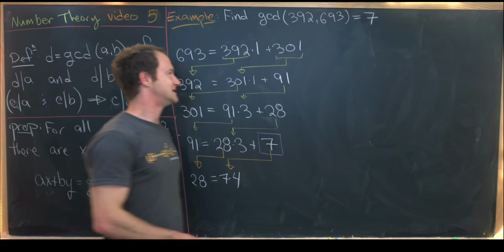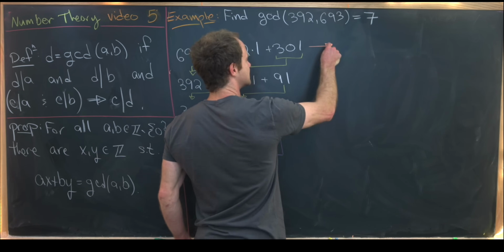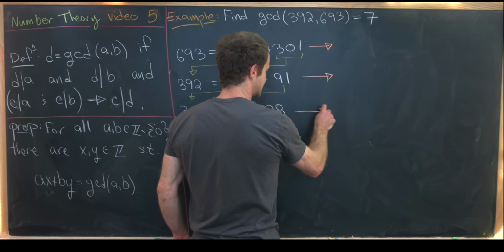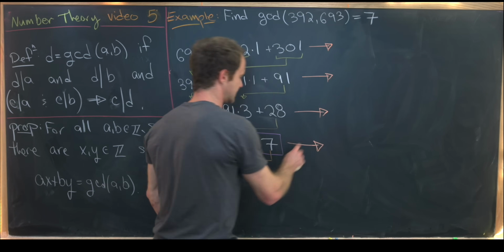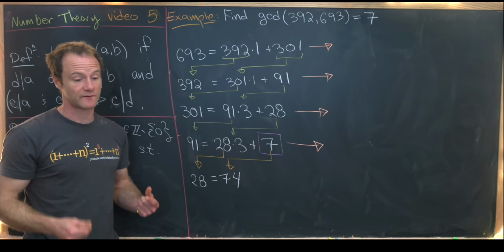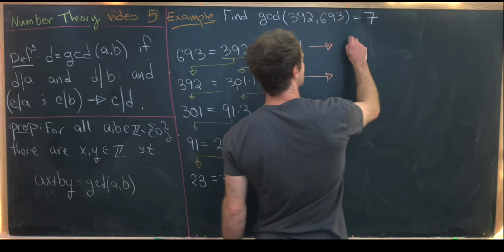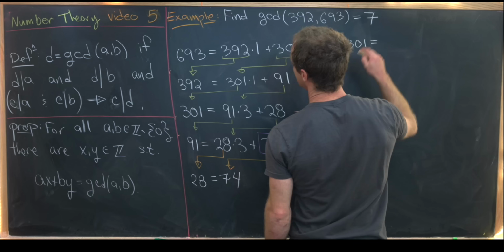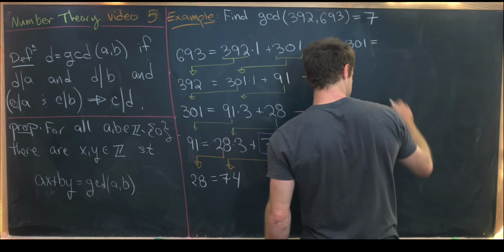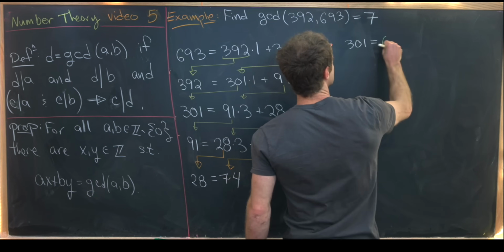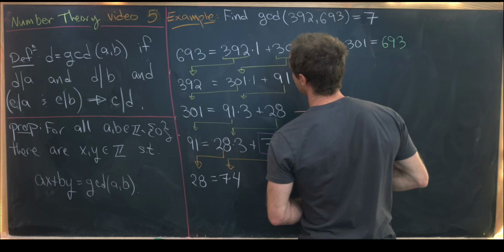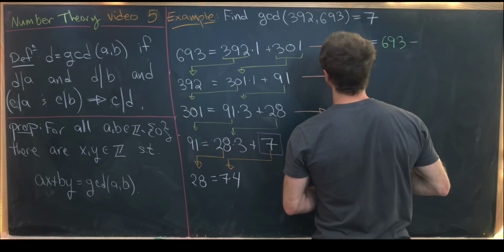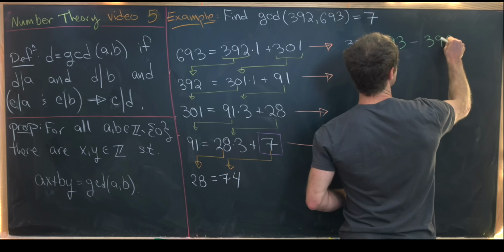So we start by taking each of these equations and inverting them in a sense. So we want to solve for the remainder. So here we have 301 is equal to 693, so I'm going to write that in green, minus 392 times 1.